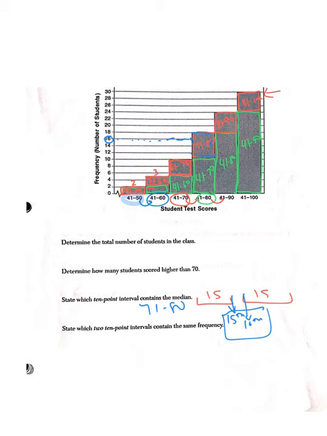The next red section, 61 to 70, goes from 5 to 10, so 5 people got added on. The next red section goes from 10 to 18, which represents 8 people. The next goes from 18 to 24, so that's 6 people. And the next red section goes from 24 to 30, which is 6 people. So which 2 10-point intervals contain the same frequency?